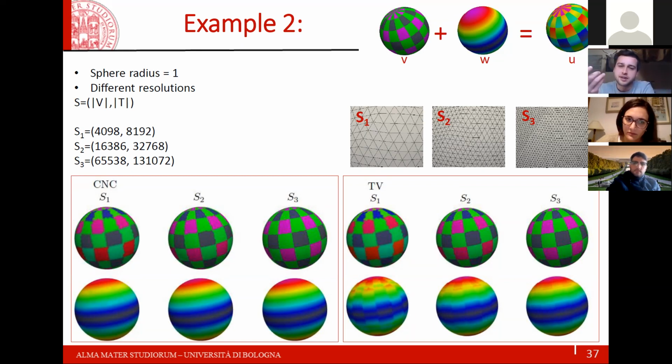Instead of using just one function that we are trying to recover, onto which we apply either space-variant parameters or space-variant regularizations, we divide the function itself as a combination of components with different properties.